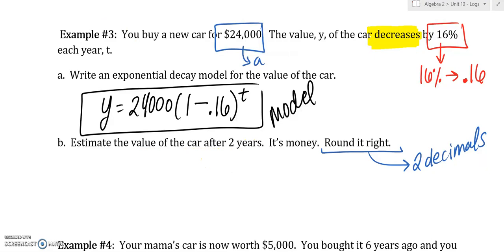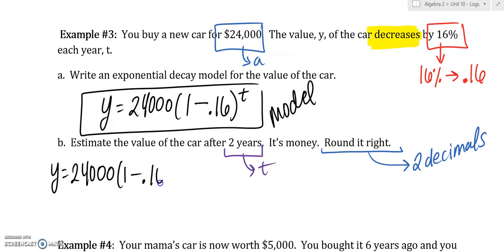2 years would be t, time. So I'm going to plug it in. Y is equal to 24,000 times (1 minus 0.16) raised to the 2, 2 years, right? You plug this into your calculator. Literally, nothing fancy. Go to your normal screen, the main screen, which is kind of blank. Just those numbers.